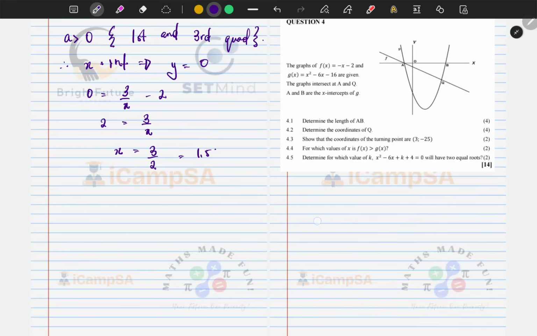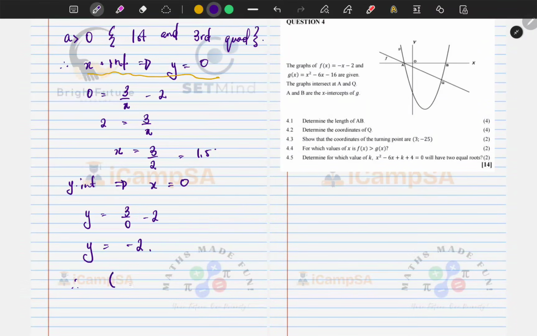And then what is left is your y-intercept. So this was your x-intercept. So now we need our y-intercept, meaning that our x now should be equal to 0. So you will have y equals 3 over 0 minus 2, right? And then your y is going to be equal to minus 2, right?